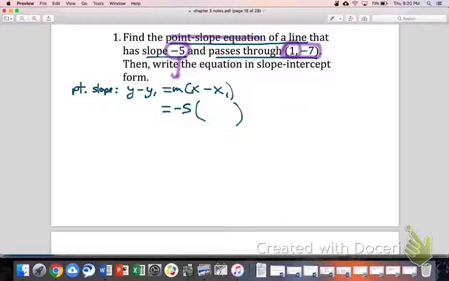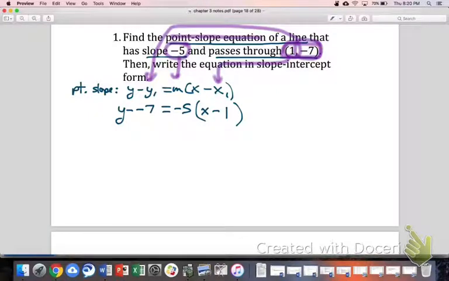So, of course, the 1 is an x-coordinate, so I would then plug that in for x1. I would get x minus 1. Again, all I'm doing is I'm taking this 1 and I am dropping it in right there for the x-coordinate of the point on my line. And then, of course, the -7 is a y-coordinate, and that is going to be going in for y1. So it's going to be y minus -7.